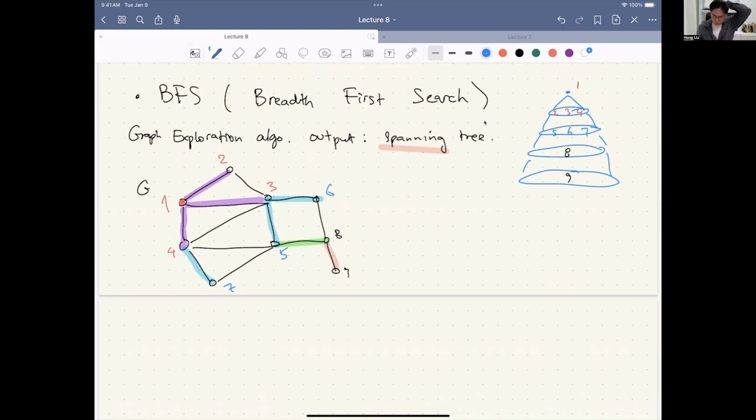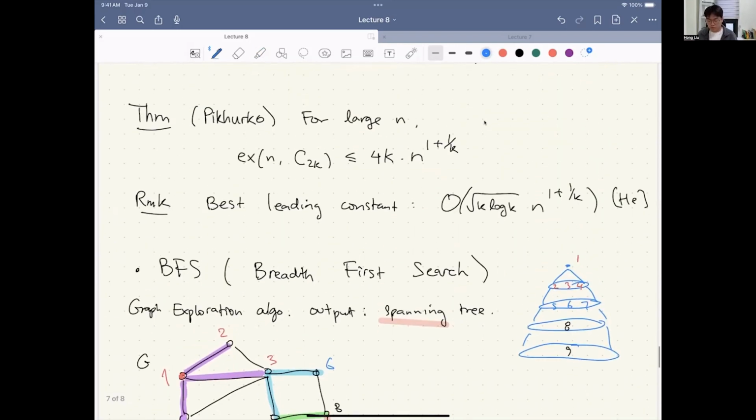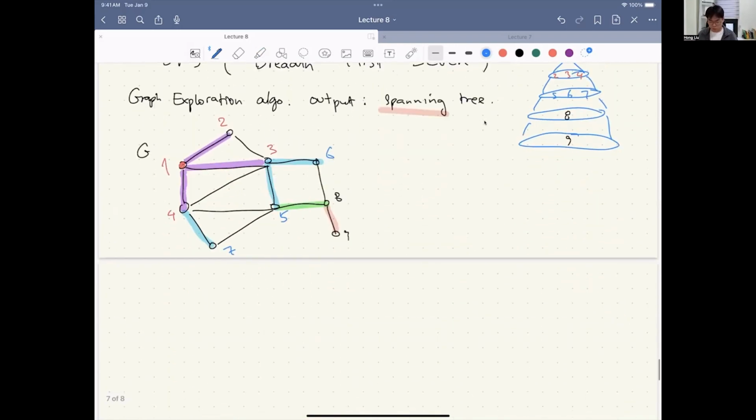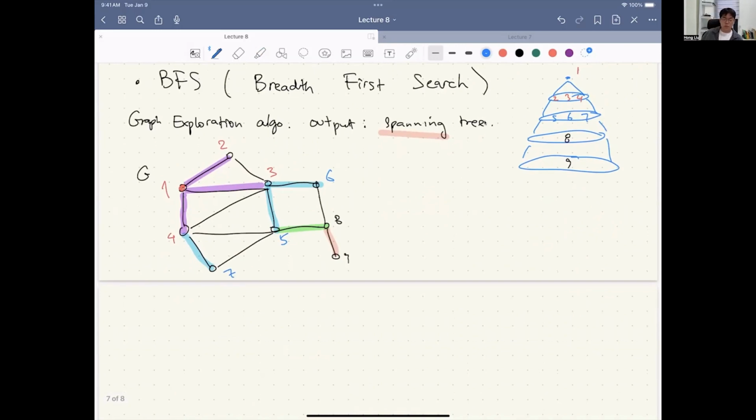So how do we prove an upper bound on the extremal number of even cycles using BFS search? Let's do an easier one. Let's try to prove an easier one.